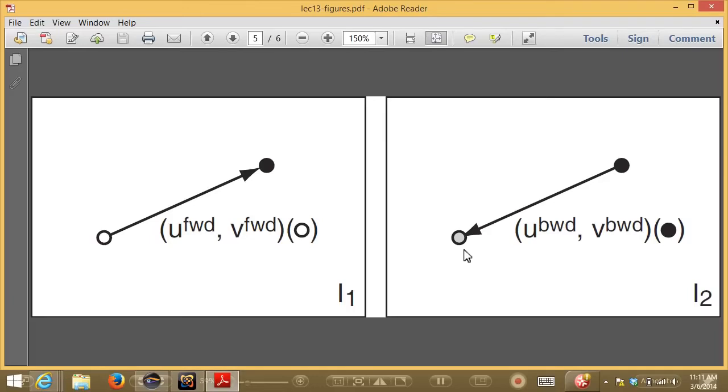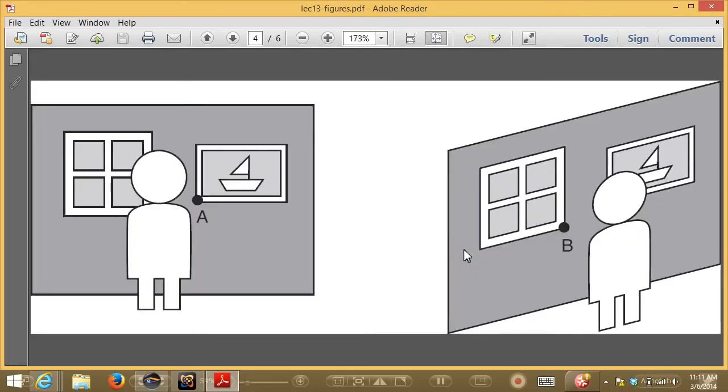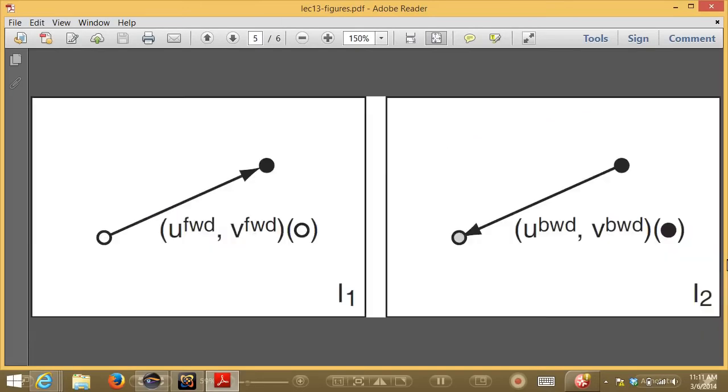If it's not, then I should throw out one of these flow vectors and not even try to consider the flow. If you look back at this picture, there are two kinds of occlusions. One is when I've only got the pixel visible in image 1, and one is when I've only got the pixel visible in image 2. You can distinguish which case you're in by looking at how good the data term is for each of these vectors.